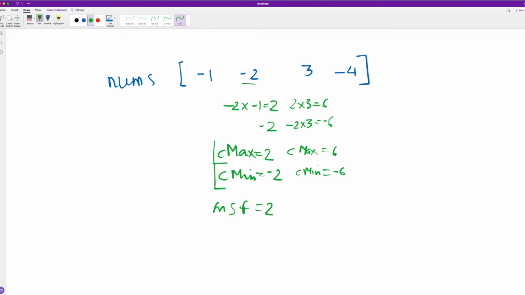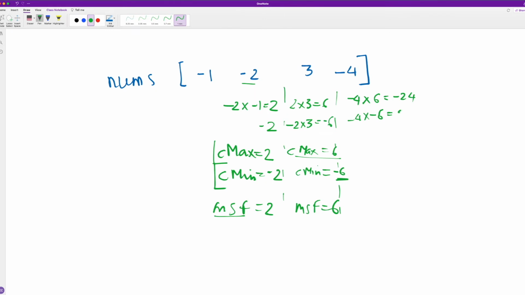In this case, the max so far was earlier 2, and the C max here is 6, so we'll overwrite max so far and say max so far equal to 6. Now let's go to the next index here. We'll again do the same thing. We'll multiply -4 with the max at the previous index, 6, which is -24, and we'll multiply this -4 with the minimum at the previous index.